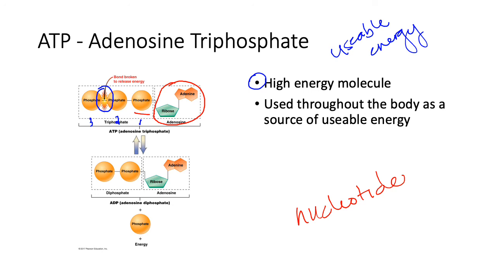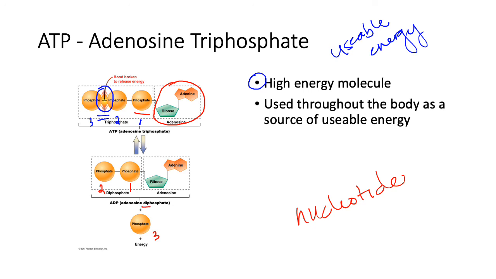Basically what happens is during a chemical reaction, this bond is going to be broken. So that high energy bond breaks. That causes that phosphate to fall off. We have phosphates 1 and 2 still attached to our adenine, but phosphate 3 has fallen off. Because of that, this molecule is no longer called adenosine triphosphate, tri for 3 phosphates.